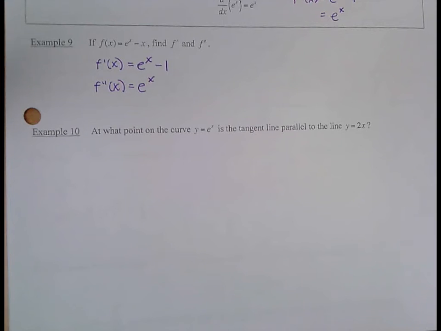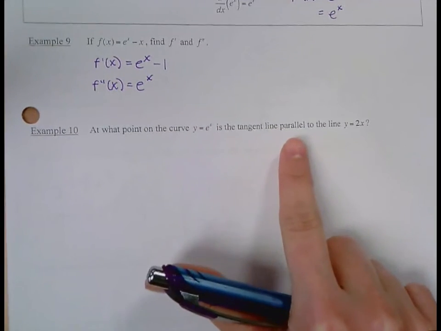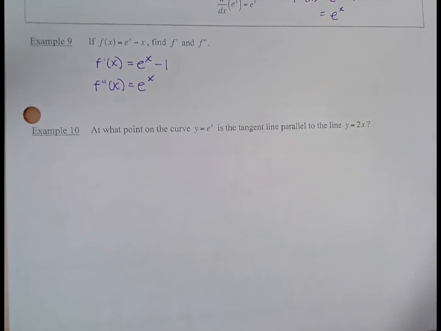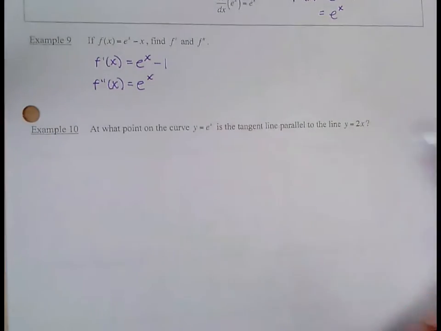Here's how you get the answer for 10 without having to guess or use your graphing calculator to graph it. If the tangent line is going to be parallel to this line, how do you know without seeing a graph, how do you know if lines are parallel?